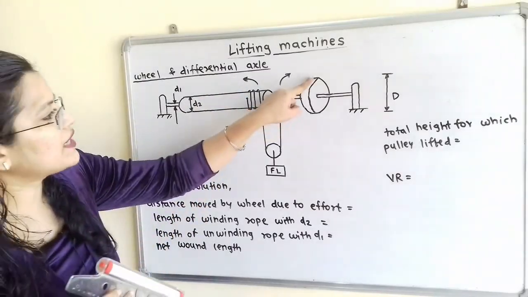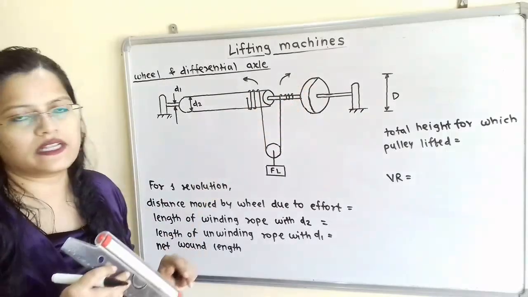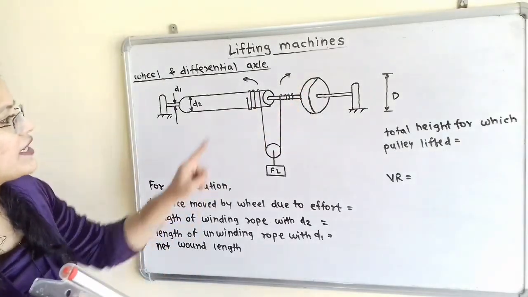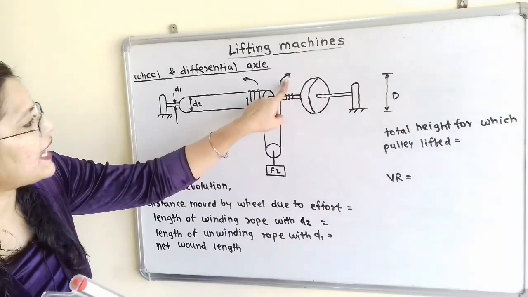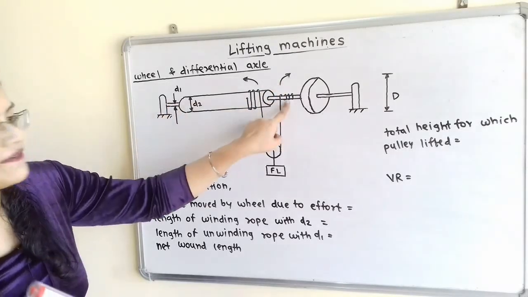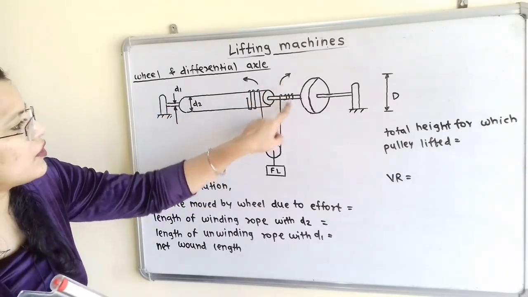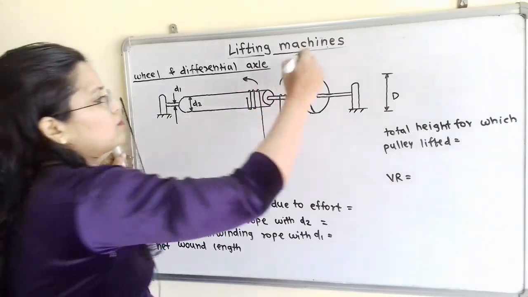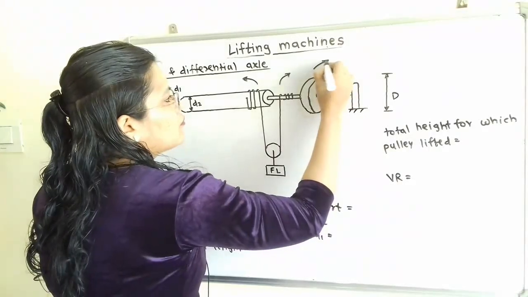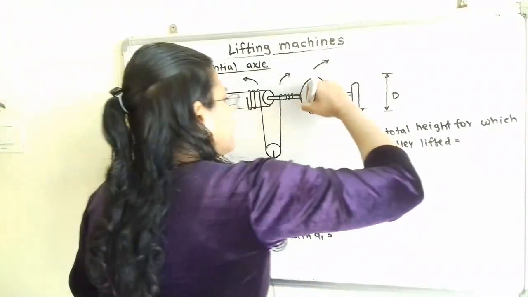Now this rope we have to mount on this wheel. So how is it mounted? We have to mount it in the same direction as the axle with diameter d1. So here if we observe, with diameter d1, this is the direction we have to use, and we have to mount the rope. So I will show here.